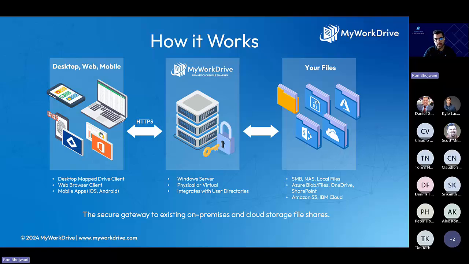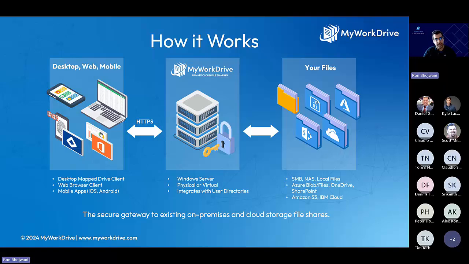In addition to hooking into existing file servers, the MyWorkDrive server also hooks into existing identity providers, so it sits right on top of your Active Directory or Entra ID, which means you don't have to migrate files or users anywhere. Once you have the MyWorkDrive server set up, you can connect to and access all of your different files using one of our clients.